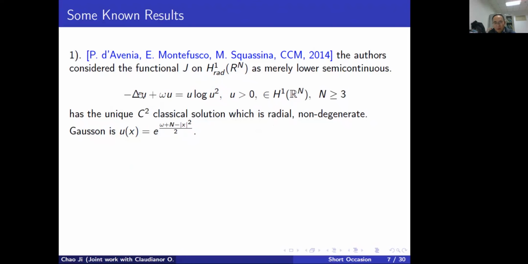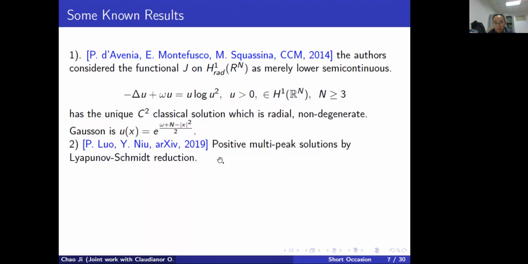Because of this result, people can construct a positive solution by the Lyapunov-Schmidt reduction method.